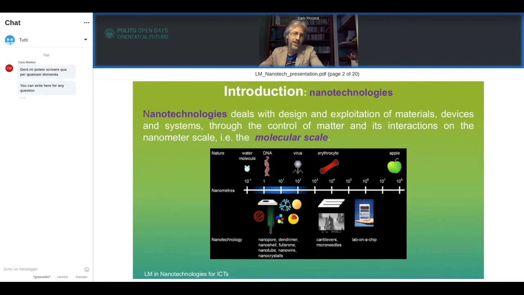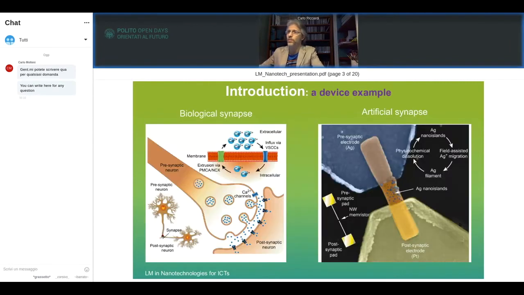A virus is by definition a nanoscale system. It is basically a nanoparticle, and the droplets you have heard about, the carriers of the virus in the air, are nanoscale systems. So again, dominating the nanoscale means dominating the scale at which nature normally does its job.